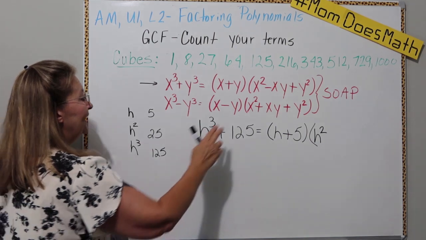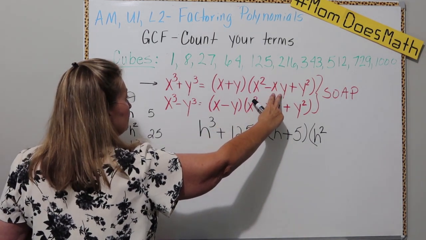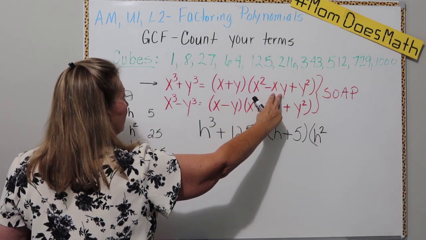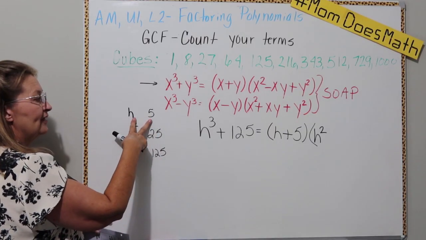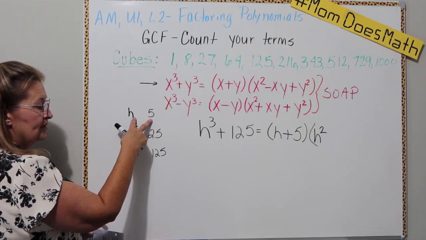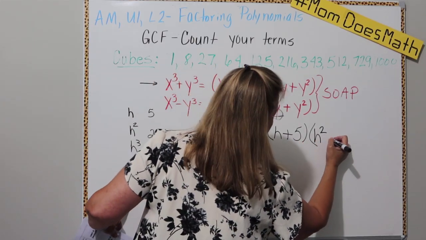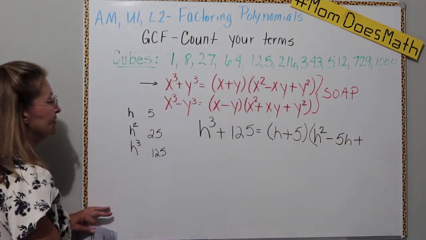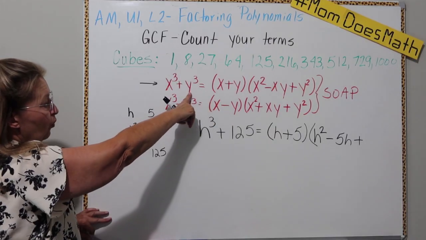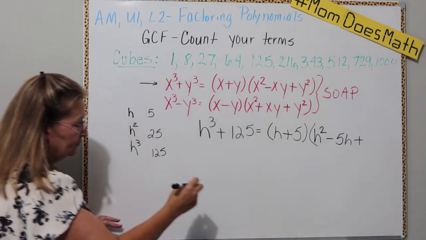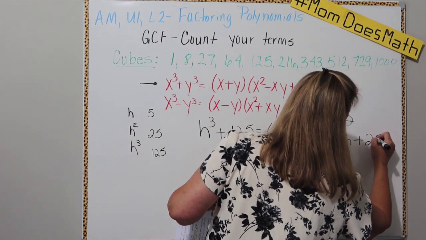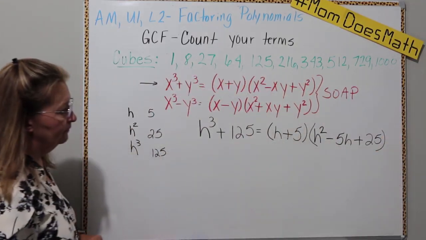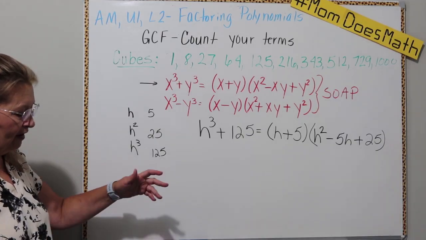And then I need the two roots multiplied together. X times y means multiply these two cube roots together. So minus 5h plus the second term, the y term squared, 25. Okay? And that will be your final answer.